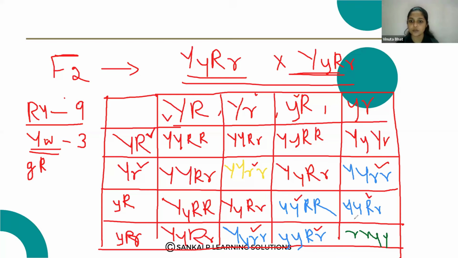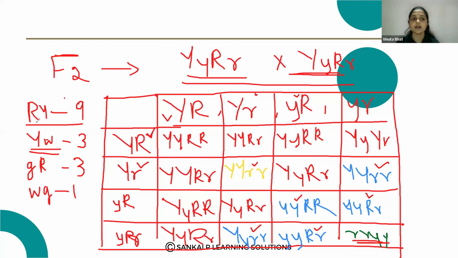So 1, 2, 3 are there. Capital R is there, meaning round. Green round seeds, 3 plants, and the last one, wrinkle green seeds. So that is wrinkle green seeds, 1.